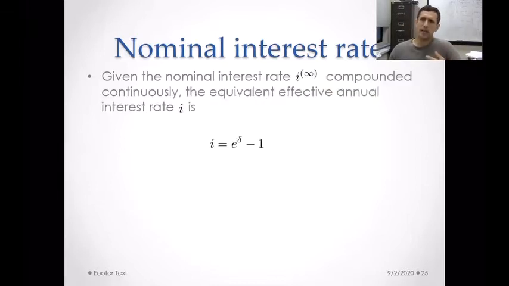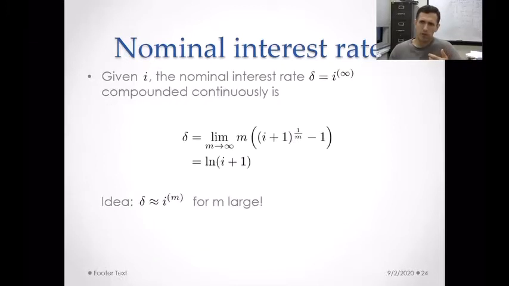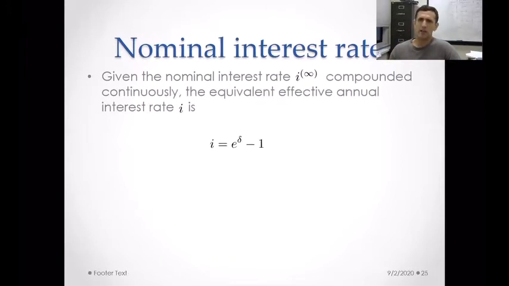And we can take this formula, delta equals ln of i plus 1, and solve for i. Raise both sides to e: e to the delta is i plus 1, and subtract 1 to get i is e to the delta minus 1.